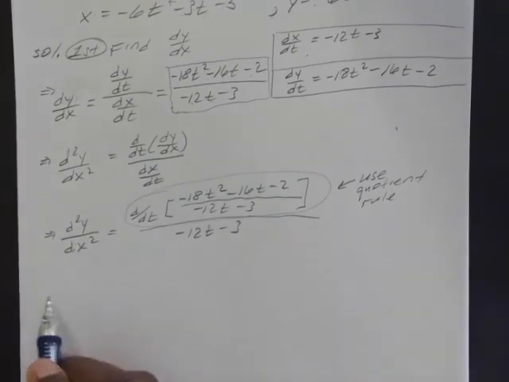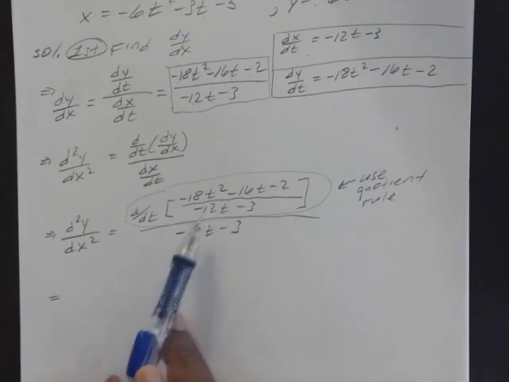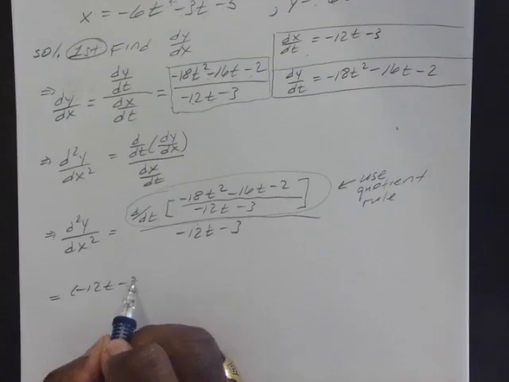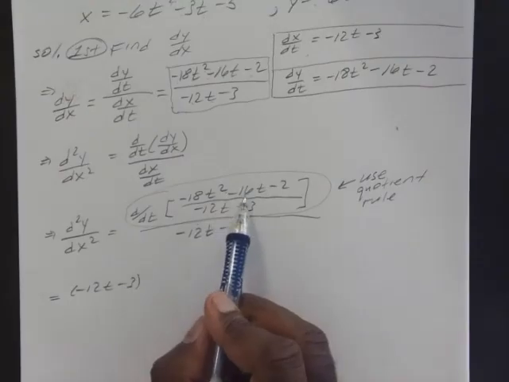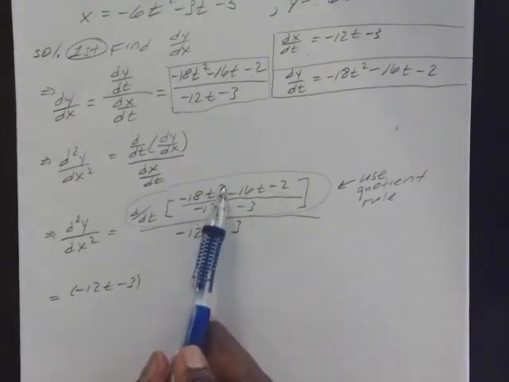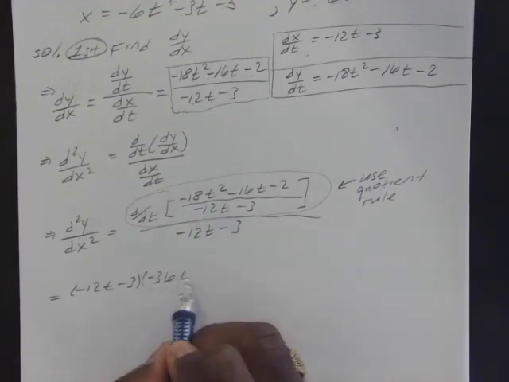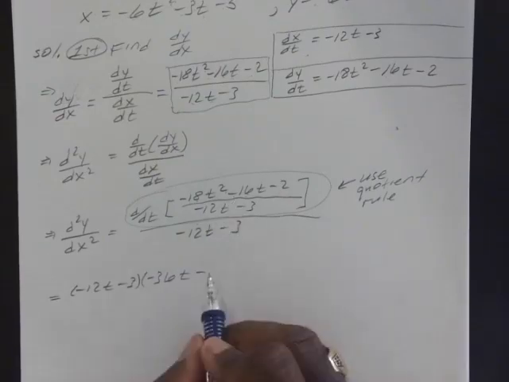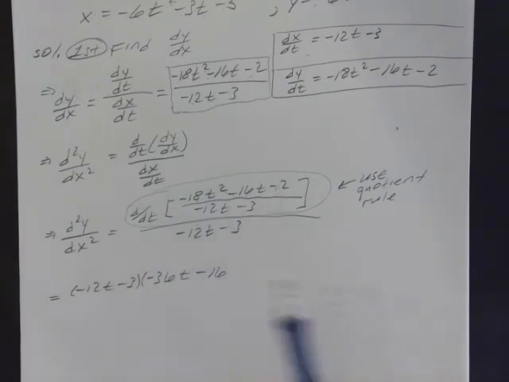Okay, so that means our second derivative, move this over a little bit so we have enough room, is equal to your denominator times the derivative of your numerator. So we have negative 12t minus 3 times the derivative of negative 18t squared minus 16t minus 2. So if we bring down the 2, it gives us negative 36t minus the derivative of negative 16t, which is just negative 16, minus the derivative of 2, which is 0, so that disappears.